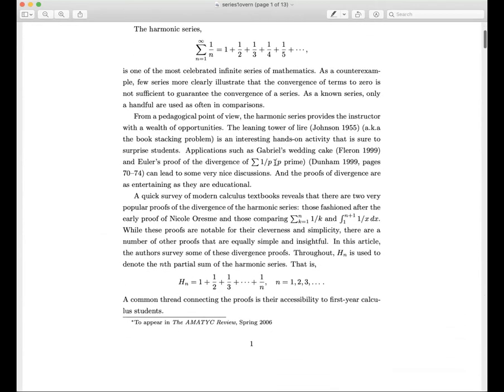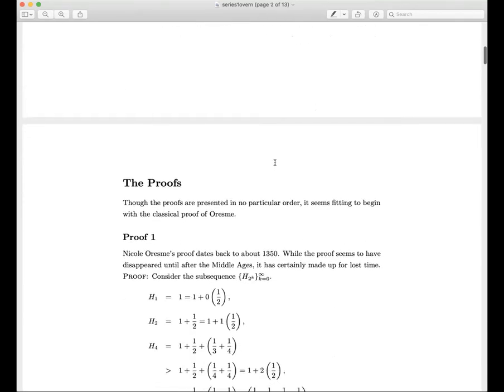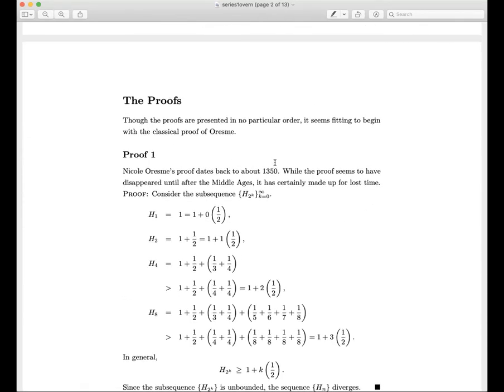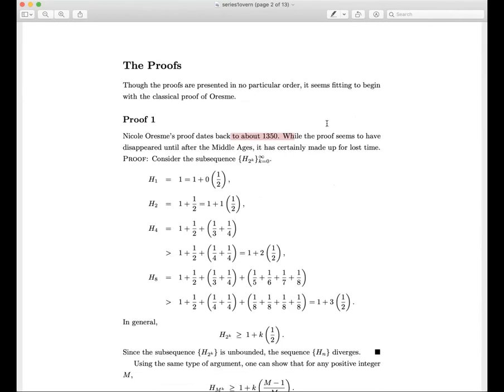I am not going to show you 20 different proofs of why this converges to plus infinity. I'm just going to show you one. But what this shows is you can see how far back it stretches, like 1350. This is quite a few years ago. This is an old thing.